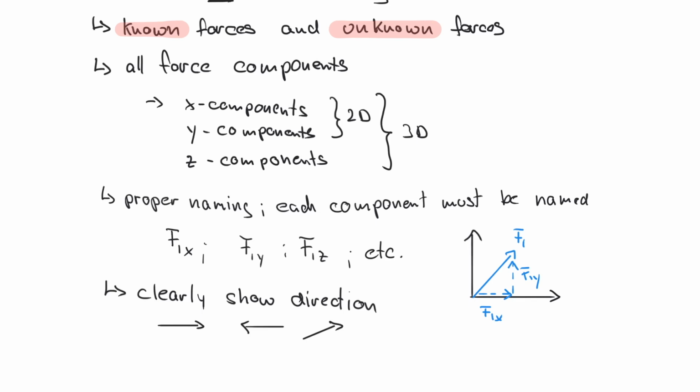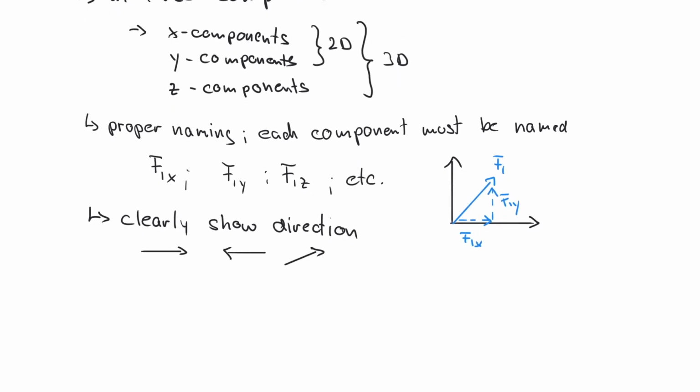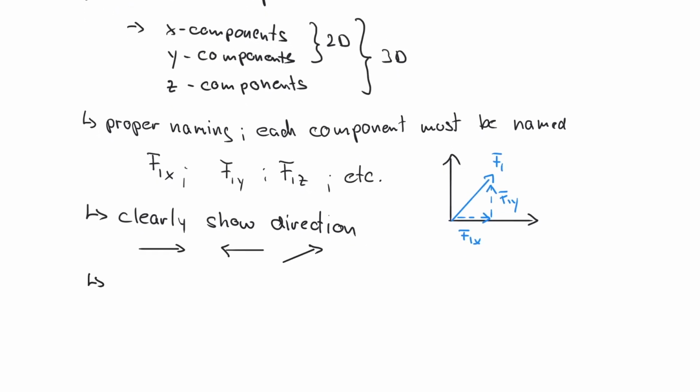And then, of course, you have to include the angles. Let's add that. So include angles. And in this picture here, it would be, of course, this alpha angle. That needs to be included as well. You, of course, also need a coordinate system. So must include coordinate system.